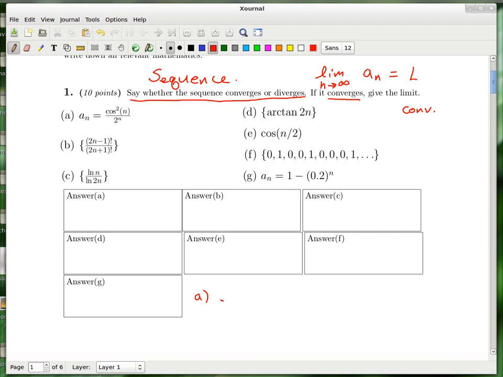So all we need to check is the limit as n goes to infinity of cosine squared n over 2 to the n.